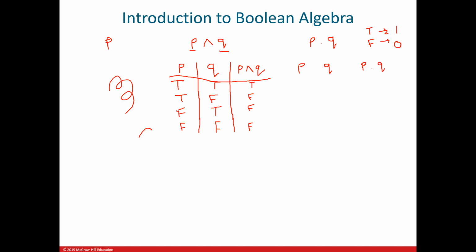Since there are two variables, we have 4 possibilities: either both are true, which is shown by 1 1, or one is true and one is false, or P is false, shown as 0, and Q is true, or both are false, shown as 0. So 0 means false and 1 means true.